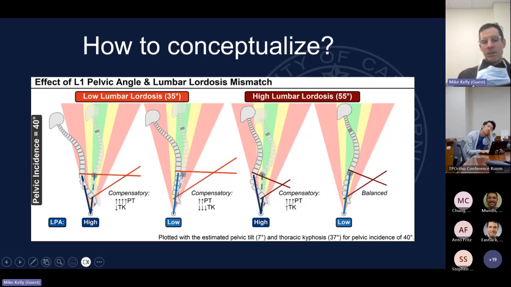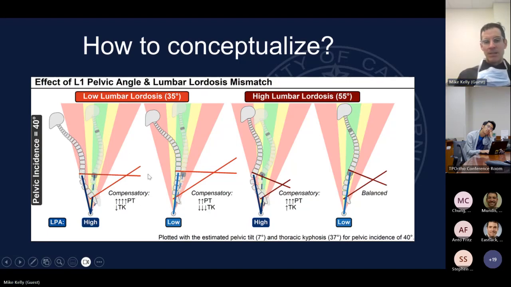If you give them all high lordosis, imagine that this is someone who's had a prior fusion flat back, and we do 2 ACRs, which I think in most people's hands, the ACR has kind of gone the way of the dodo bird, except for very rare cases. If you put the lordosis up high and it's too flat, the patient's going to be very forward. The only way for them to get back in the green is to increase their pelvic tilt all the way and to create thoracic hyperextension.